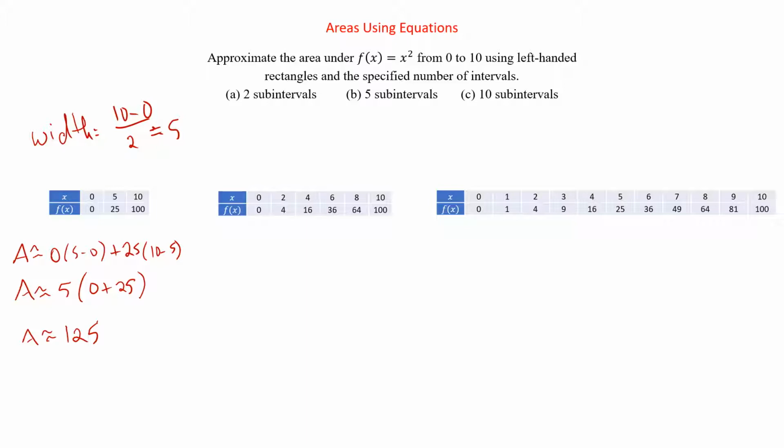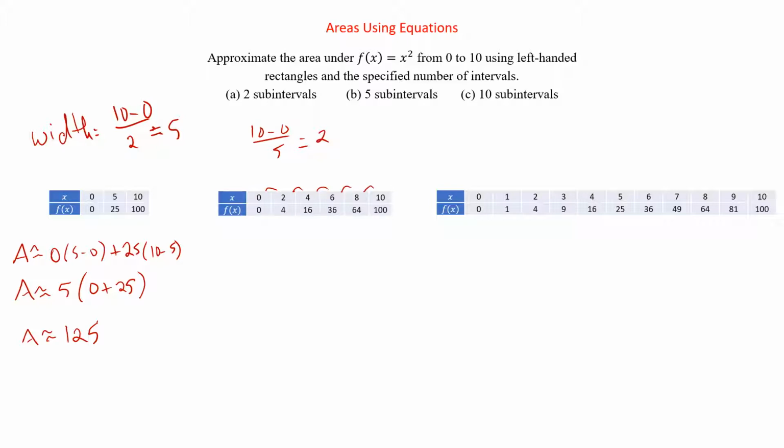But as we have more intervals, factoring out that number can be very handy. So the second one, we can see the interval width is 2, and that's because 10 minus 0 divided by 5 is going to be 2. So this width is always going to be 2.